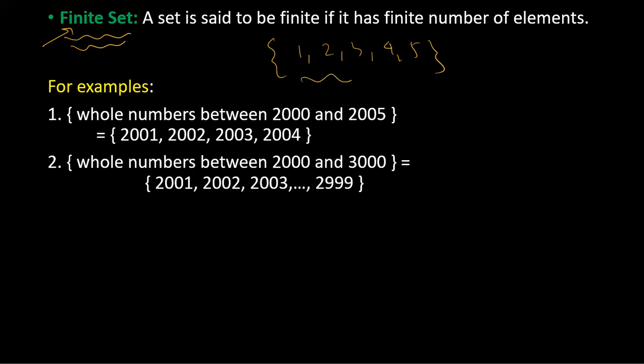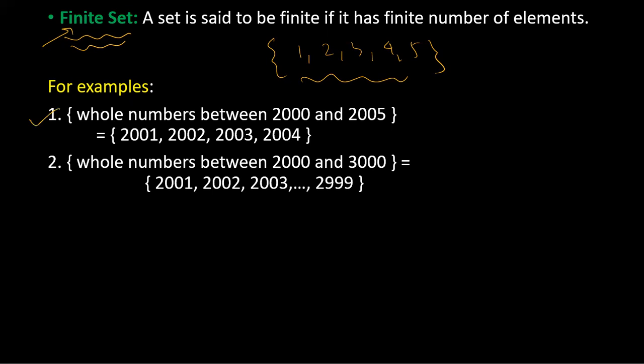Obviously there are finite number of elements. We can count the numbers, like how many numbers there are. So this is nothing but a finite set. What is a finite set? A finite set means it should have a finite number of elements. Then we can say this is a finite set.